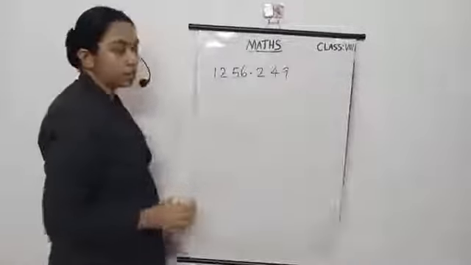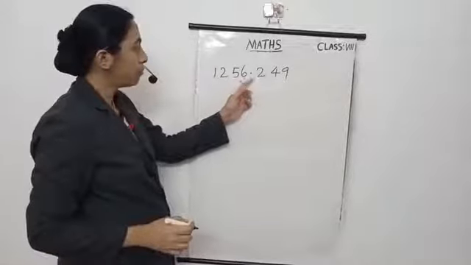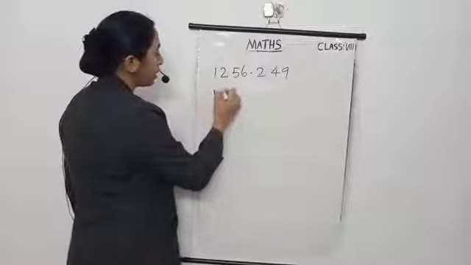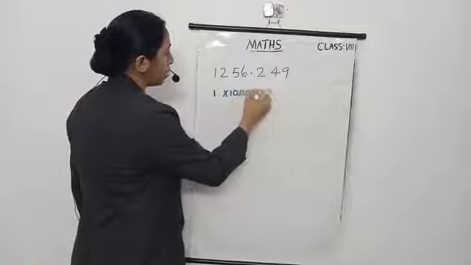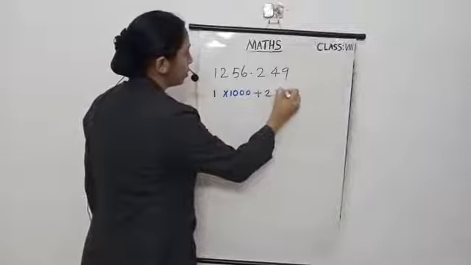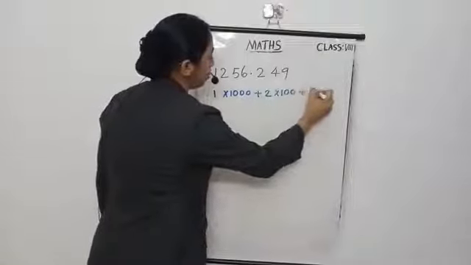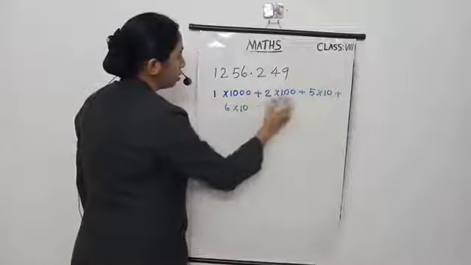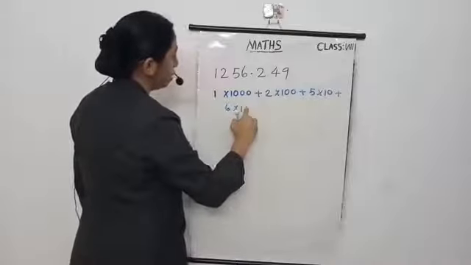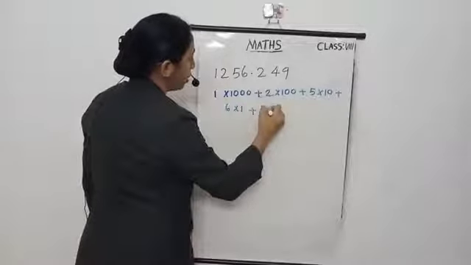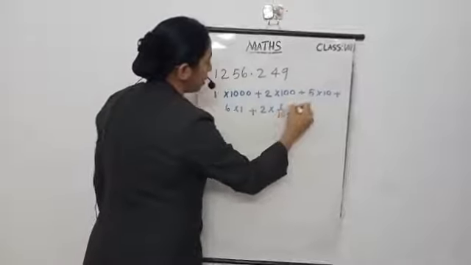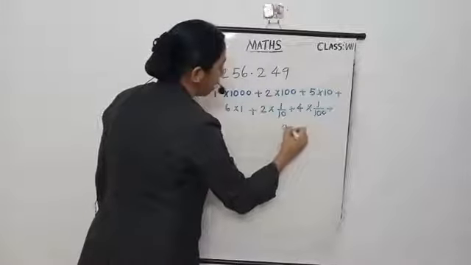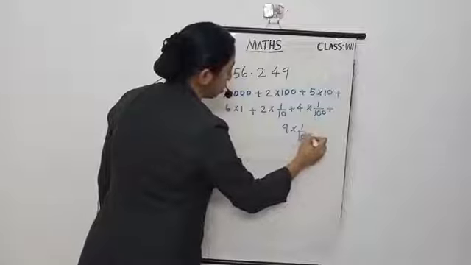Understood? Second question, 1256.249. So first write 1 into 1000 plus 2 into 100 plus 5 into 10 plus 6 into 1, sorry, 6 into 1 plus 2 into 1 by 10 plus 4 into 1 by 100 plus 9 into 1 by 1000.